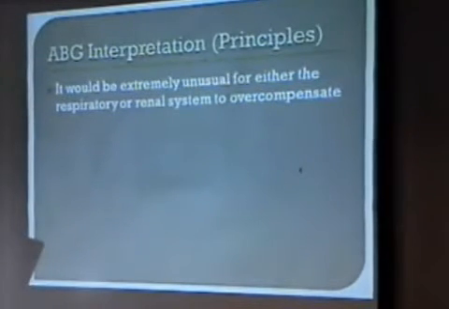Like normal 7.4, if we have something that makes us acidic and our pH drops to 7.25, our body tries to compensate to bring it close to 7.35 or 7.34. When our body compensates, it does not go up to 7.42. The compensation does not overshoot.